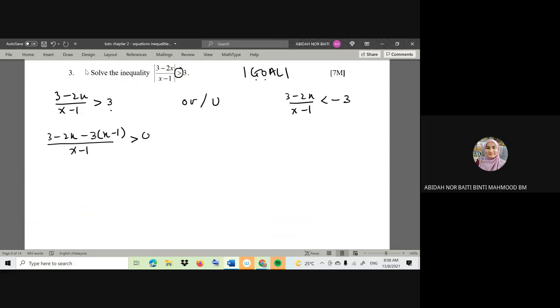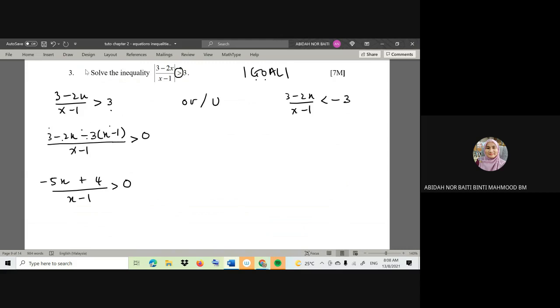Okay, equalize denominator. Then we get a single fraction form. So -2x minus 3x is -5x. 3 minus -1 is positive 4, right? Over x minus 1 greater 0.